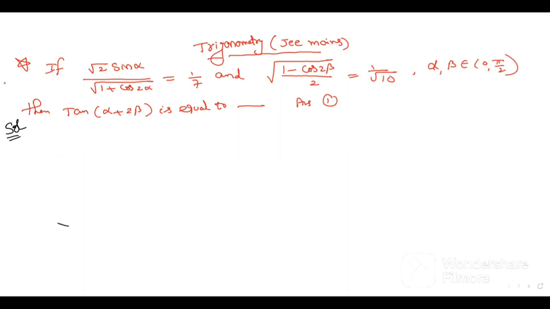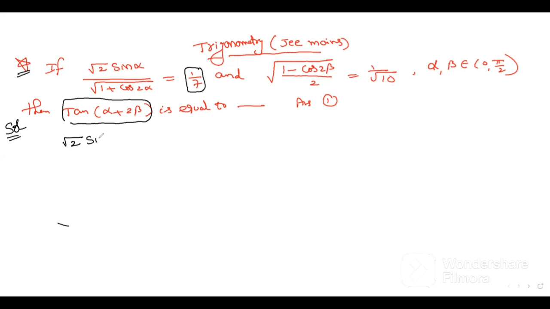Okay, next I am going to explain: if root 2 sin alpha by root under (1 plus cos 2 alpha) is equal to 1 by 7, and root under (1 minus cos 2 beta) by 2 is equal to 1 by root 10, then find tan of (alpha plus 2 beta). Okay, here two conditions are given.